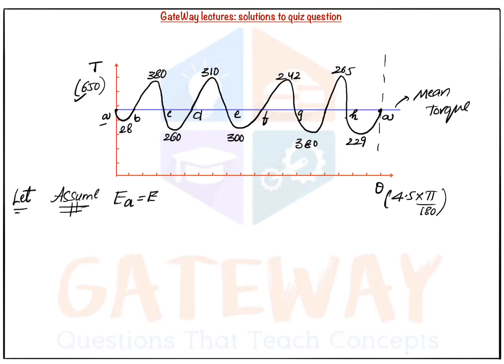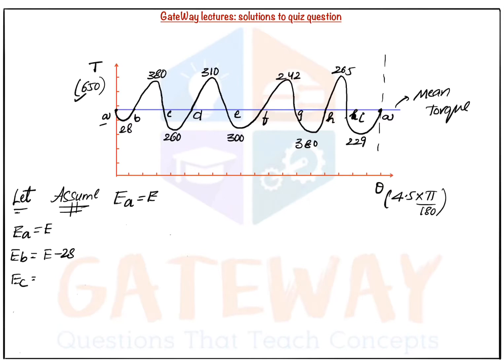So energy at A, let that be some value E. Now we will calculate energy at B, nothing but E minus 28. So E at A is equal to E. Then E at B is E minus 28.